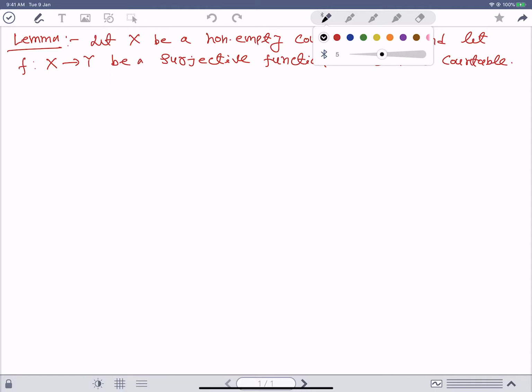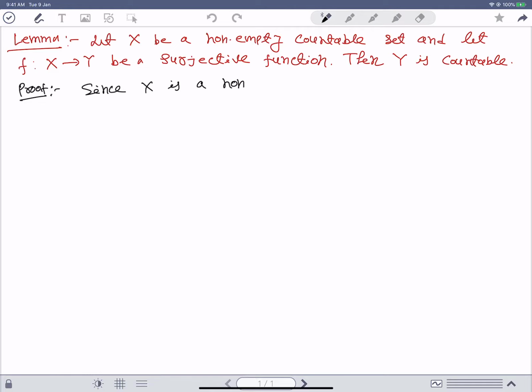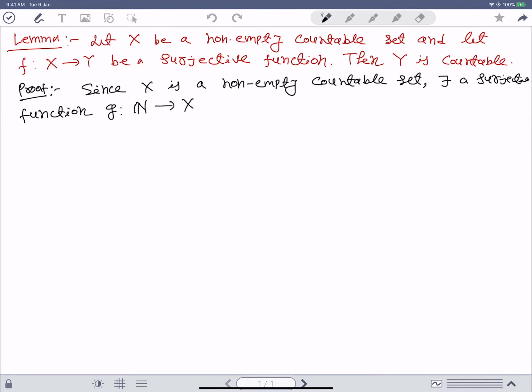The proof is actually simple. Now since X is a non-empty countable set, there exists a surjective function g from the set of natural numbers to X, right?